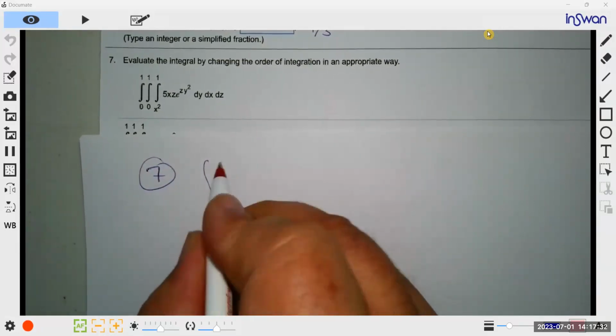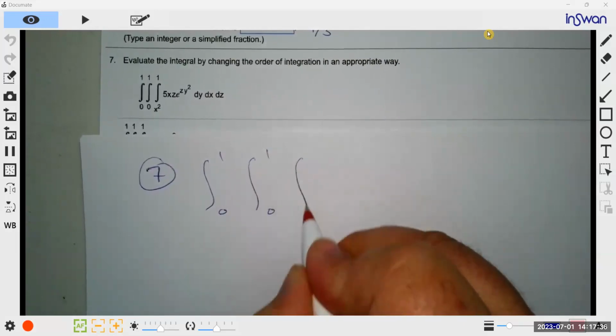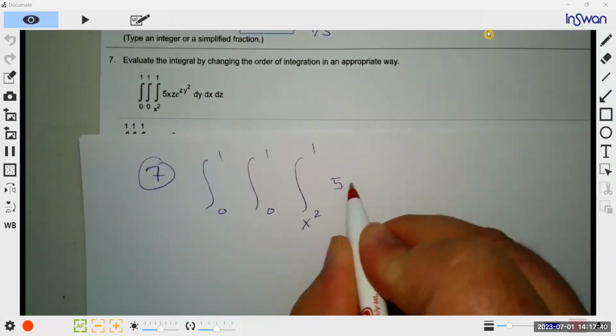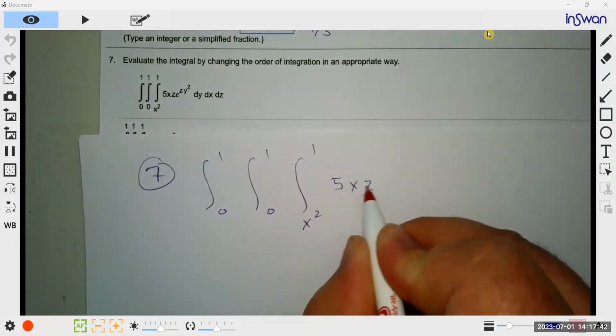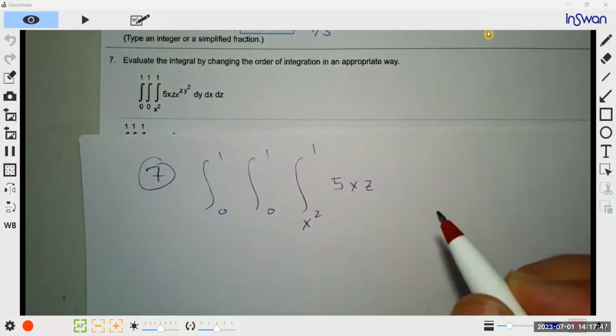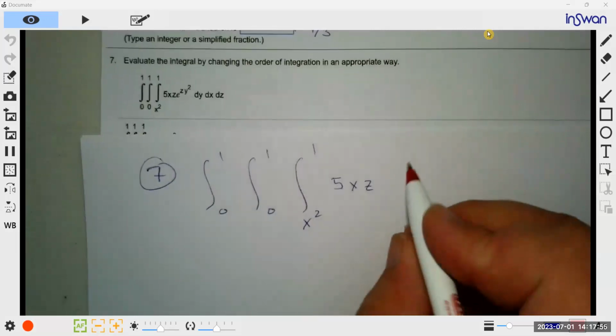They gave us the bounds of integration. Five xz. Didn't we do one like that already? Oh well.